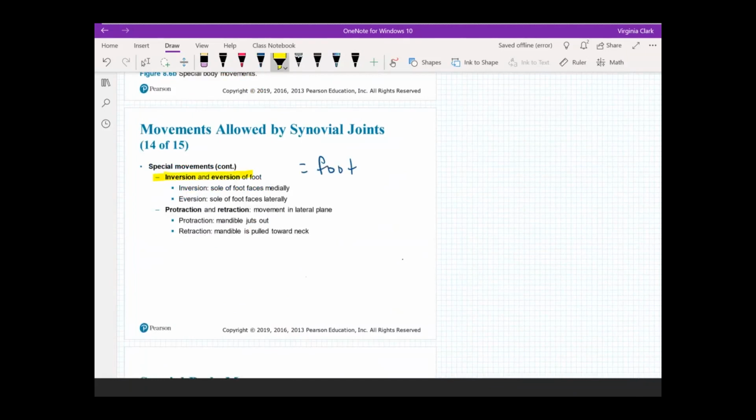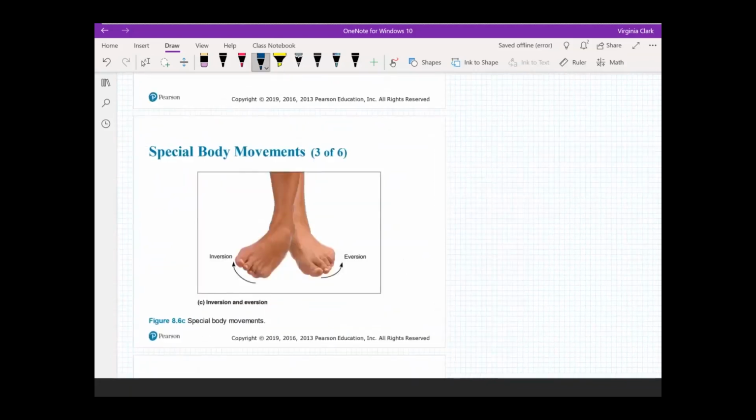When you have inversion, you're going to take your foot and face the inside sole of your foot towards the middle of the body. Whereas if you have eversion, you'll take the sole of your foot and move it so it rotates laterally. So here's the midline of the body. This is not the midline of the body, this is the line of the foot, but the midline is going to be right here.